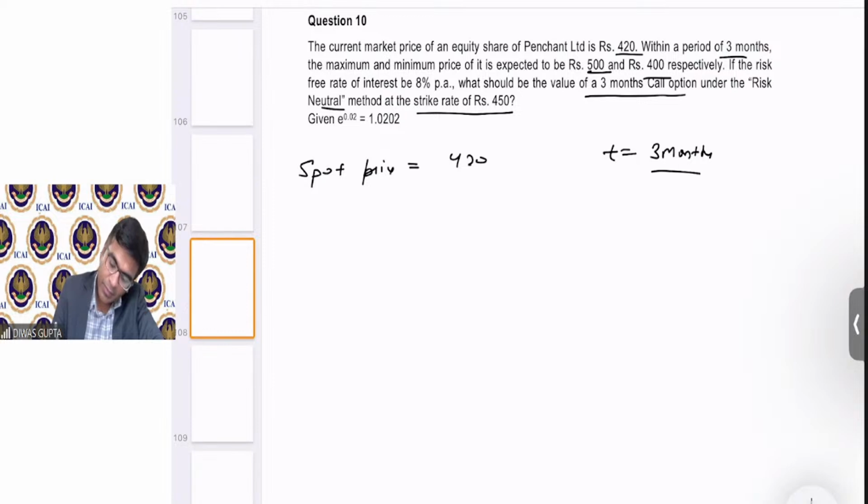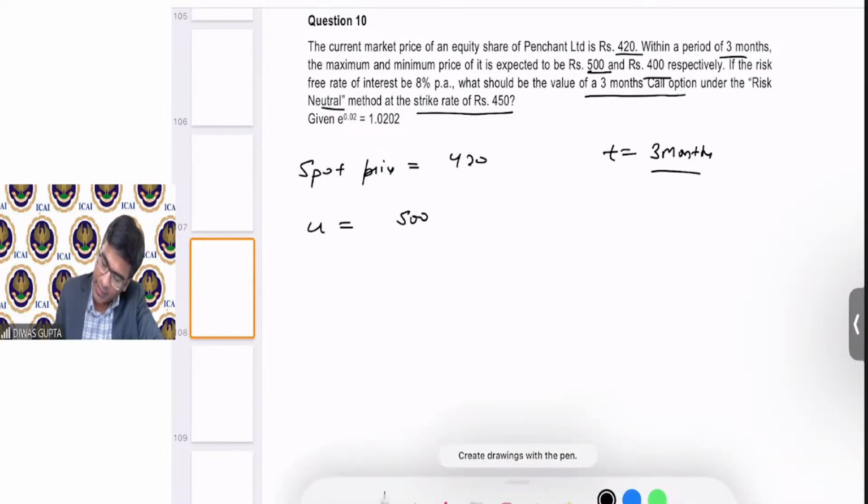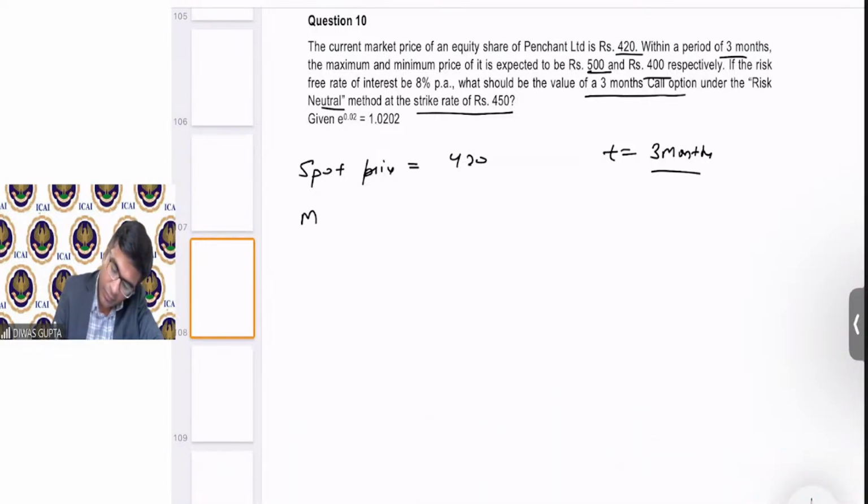Then the maximum price is actually 500. Max price is equal to 500. Minimum price is actually 400.